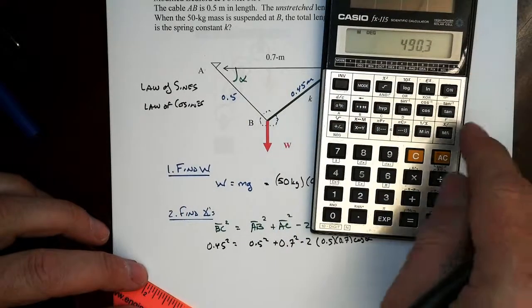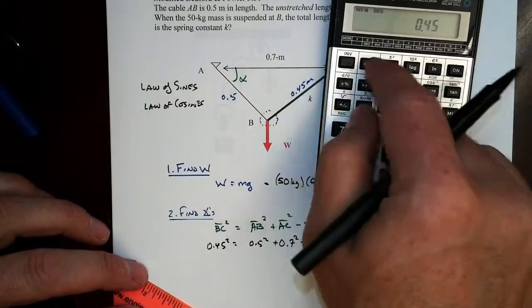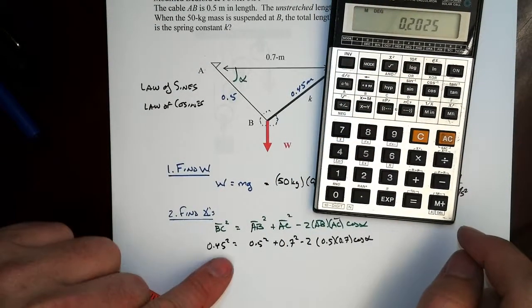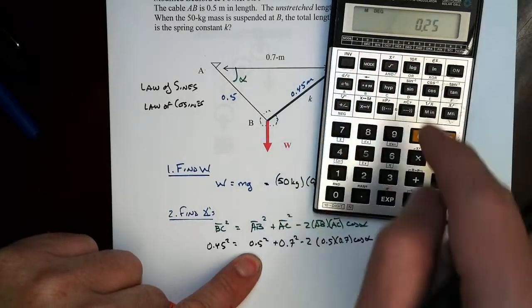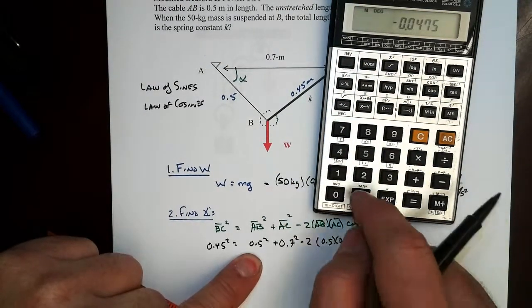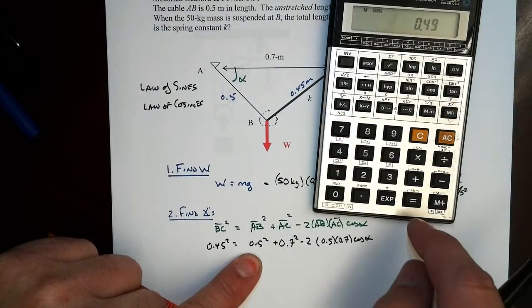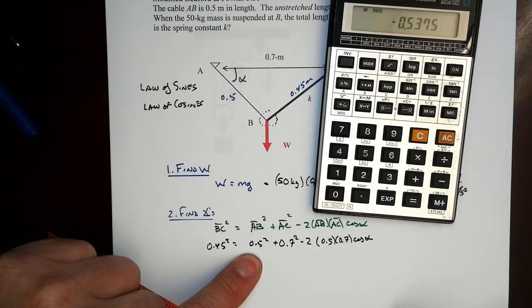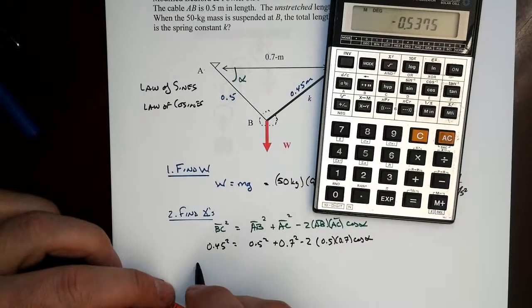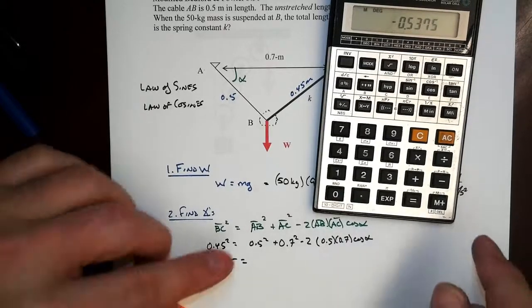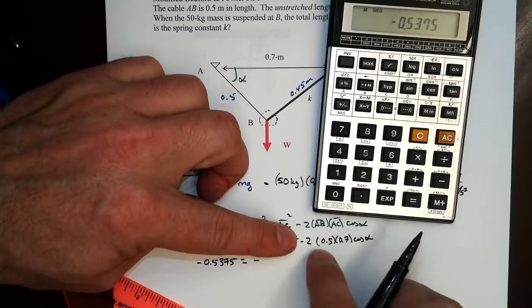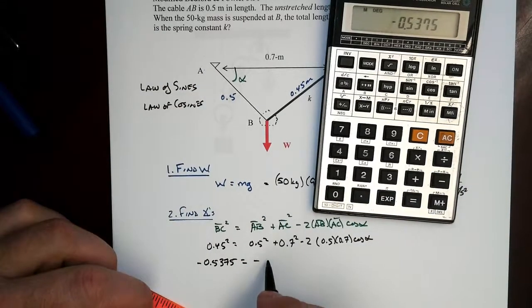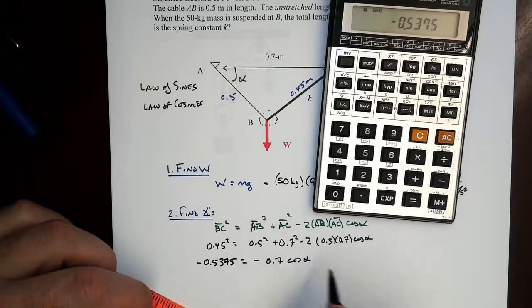Let's see what we get here. 0.45 squared equals, and then I'm going to subtract off 0.5 squared and 0.7 squared, and that's equal to minus 0.375. That's going to be equal to minus 2 times 1/2, which would just be 1, and 0.7 times cosine alpha.